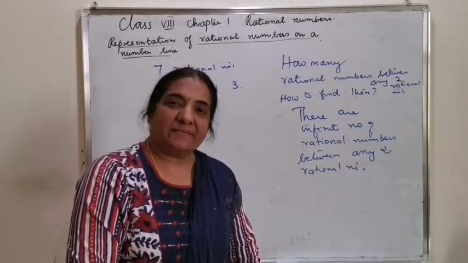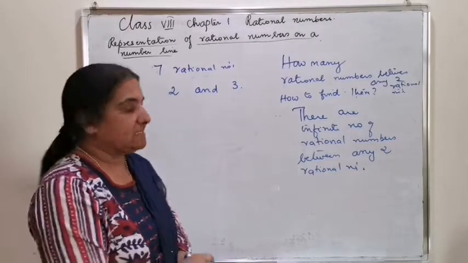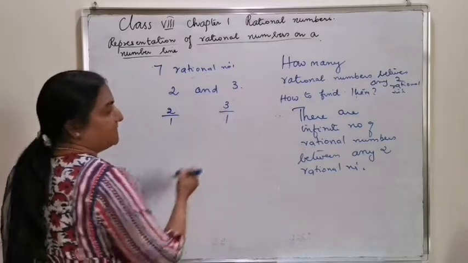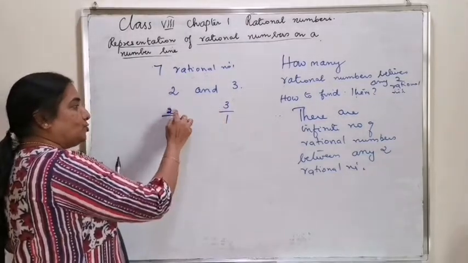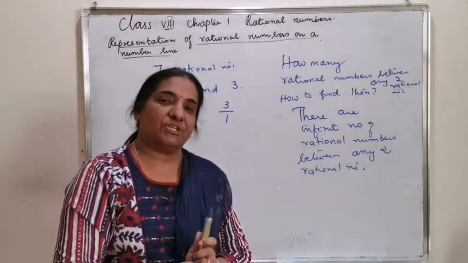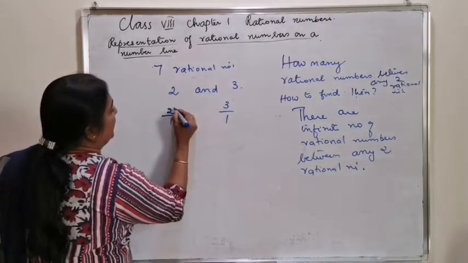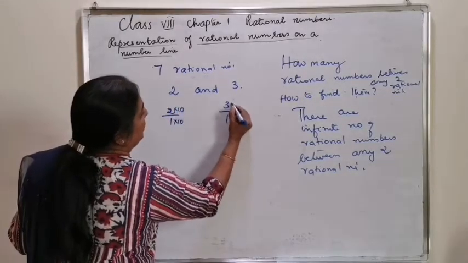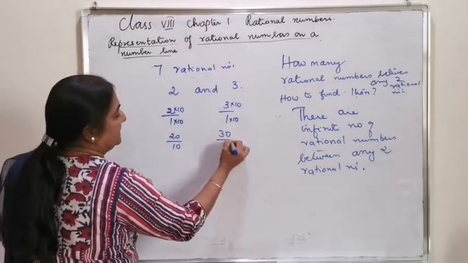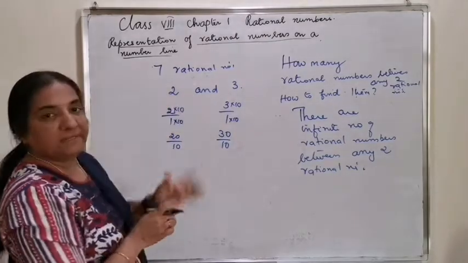Now, let's avoid decimals and write rational numbers as fractions. 2 can be represented as 2 by 1, and 3 can be represented as 3 by 1. Between 2 by 1 and 3 by 1, you cannot find a consecutive number. You can multiply both the numerator and denominator by 10, so 20 by 10 and 30 by 10 is the same as 2 and 3.